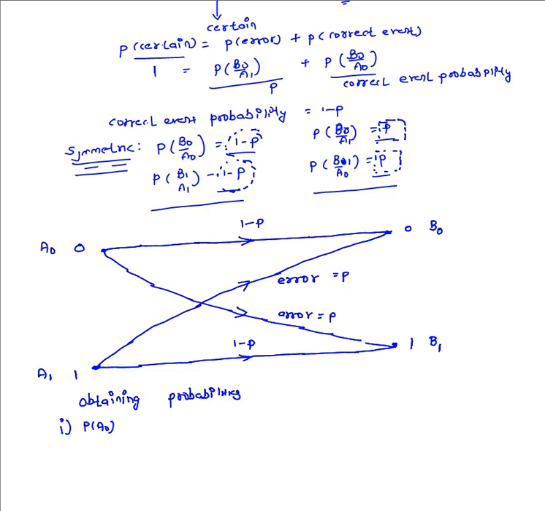Since it is a probability from the transmitter side, it is dependent on the actual information that is being transmitted. It is not affected by the channel, because the channel starts from the right side of the transmitter. Wherever I am writing the longitudinal dotted lines, the channel is actually between these two lines.